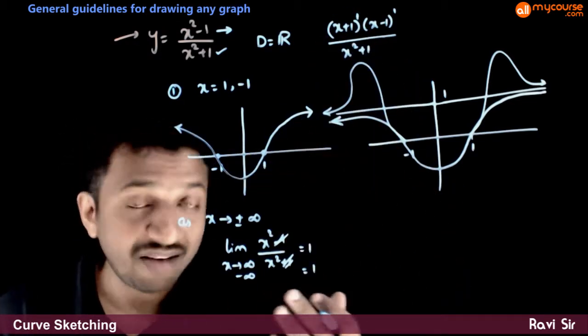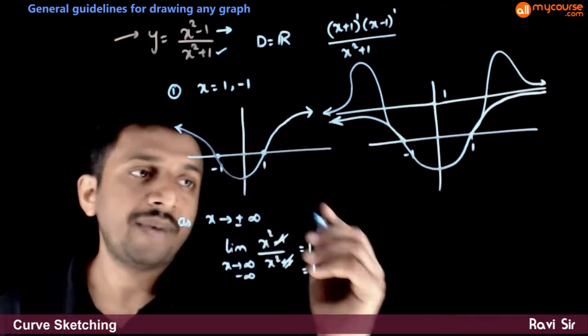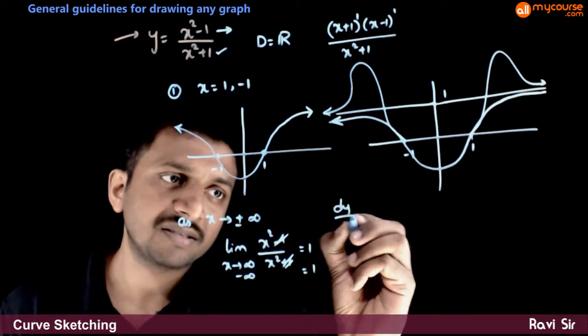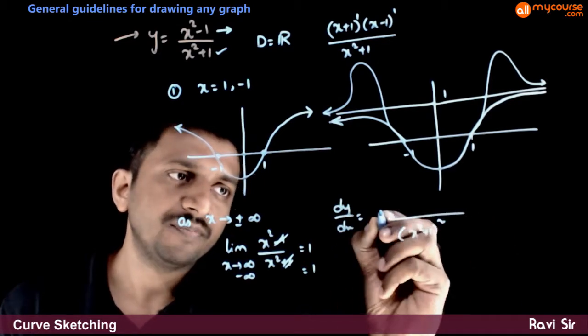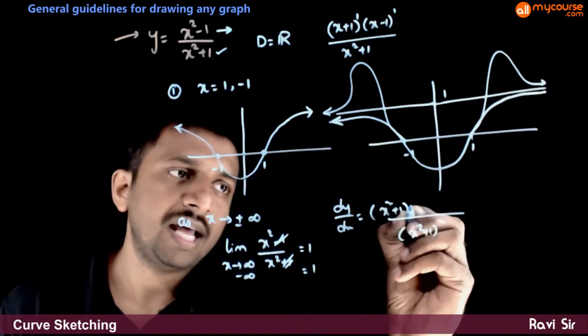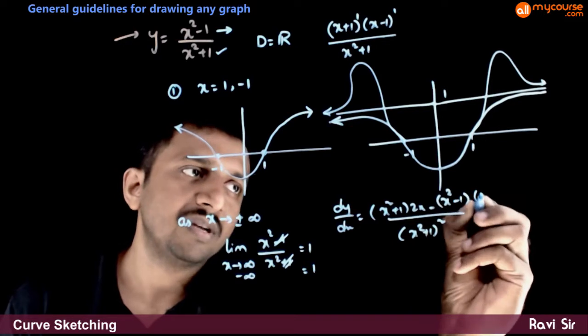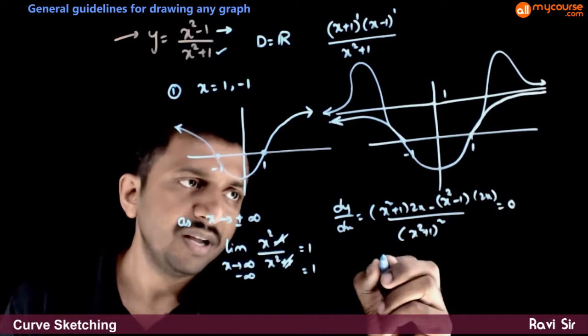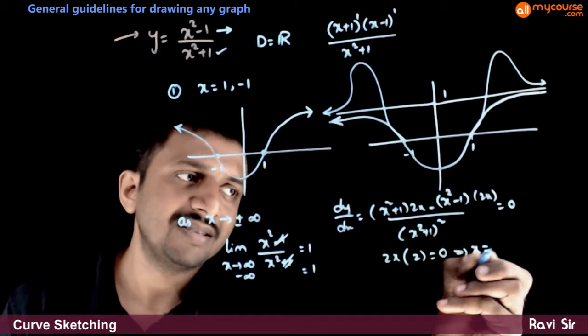If you have this doubt, you have to go for maximum-minimum analysis. dy/dx = [(x² + 1)(2x) − (x² − 1)(2x)]/(x² + 1)² = 0. That gives 2x times 2 equals 0, which implies x equals 0.